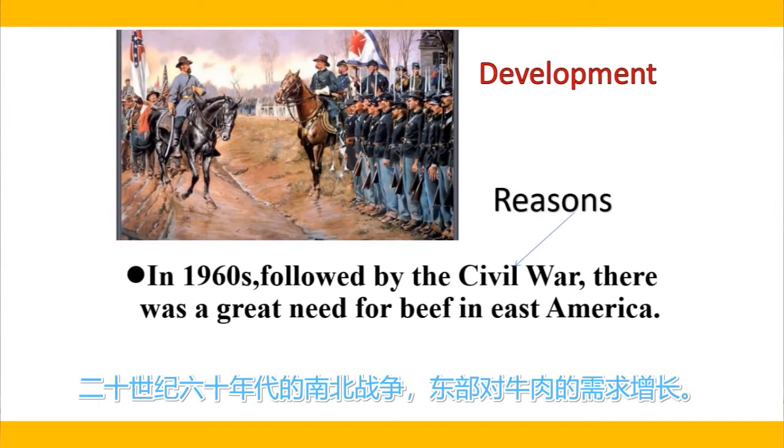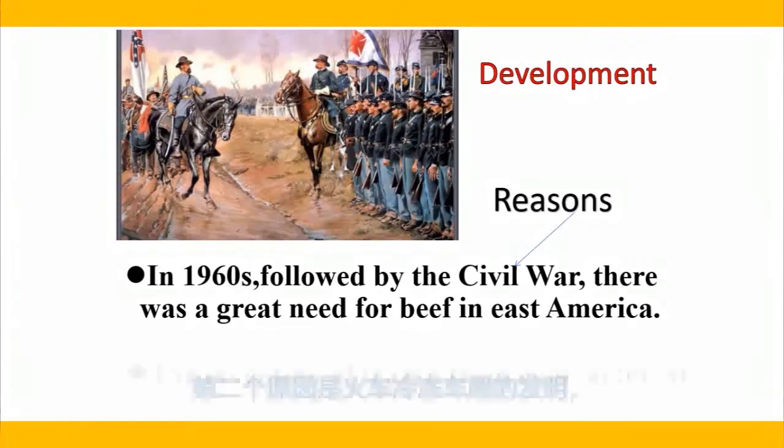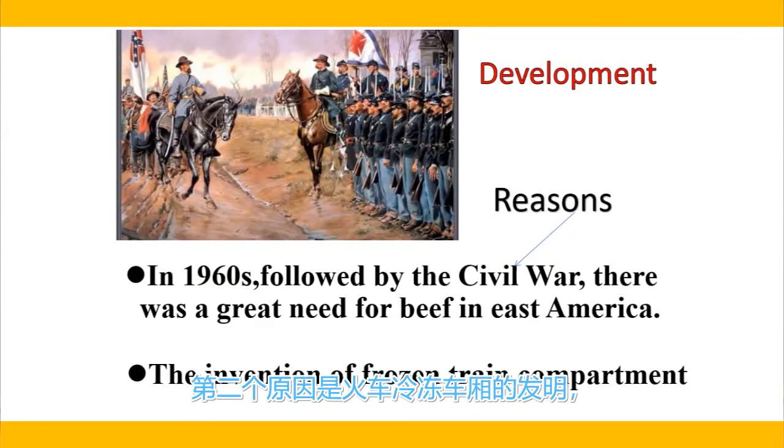First, in the 1860s, the Civil War took place, and there was great need for beef in the East. And the second reason was the invention of the refrigerated train compartment. Because of that, the beef could be transported to eastern cities, and the beef remained fresh.